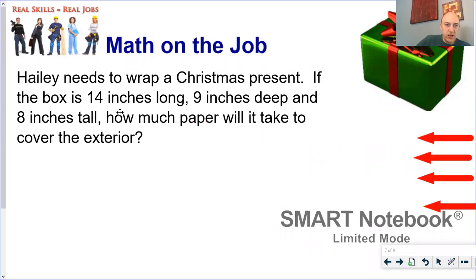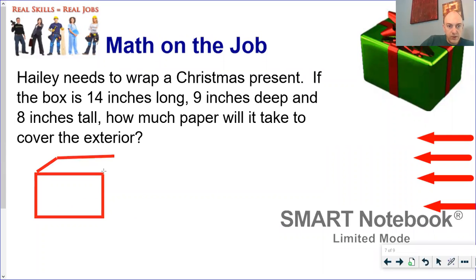Okay, another question. Haley needs to wrap a Christmas present. The box is 14 inches long, 9 inches deep, 8 inches tall. How much paper will it take to cover the exterior? And so again, we have a situation where we're dealing with a box, and it's a three-dimensional shape.